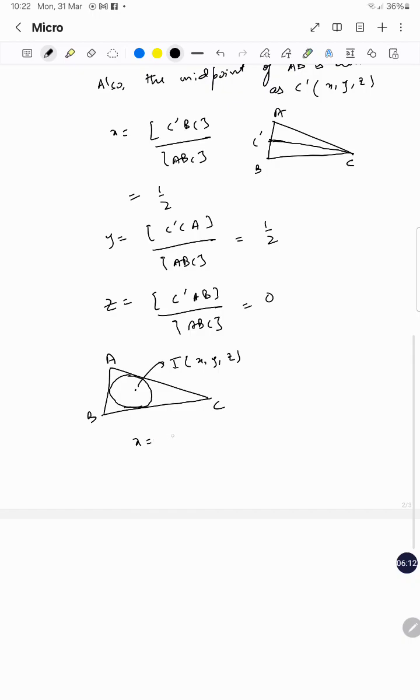Then x is equal to the area of IBC upon ABC. This is perpendicular and the inradius is r. So this is half times r a upon the area of ABC.